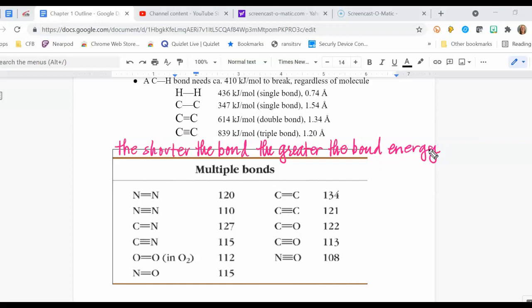So a triple bond will take a lot of energy to break the bond, whereas a double bond or a single bond will take less energy. And a smaller bond, like between a carbon to a nitrogen, will take more energy to break than between, say, a carbon to an oxygen. So things to keep in mind. So this is a very important one to make sure you have in your notes.